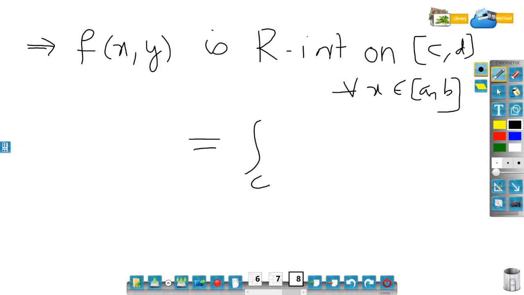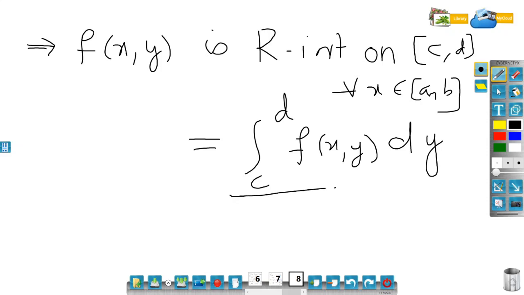So over c to d, f(x, y). Since c to d is the y variable, we are integrating with respect to y. Now if I calculate this integration, the y will disappear after integrating.